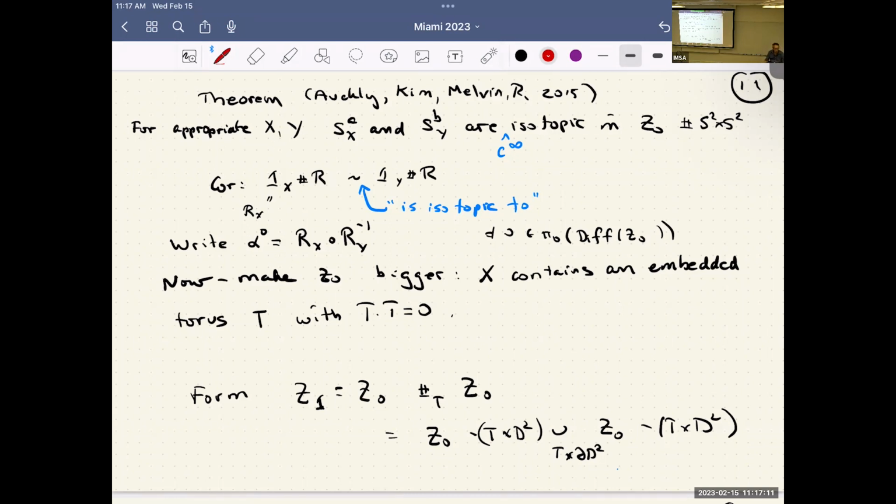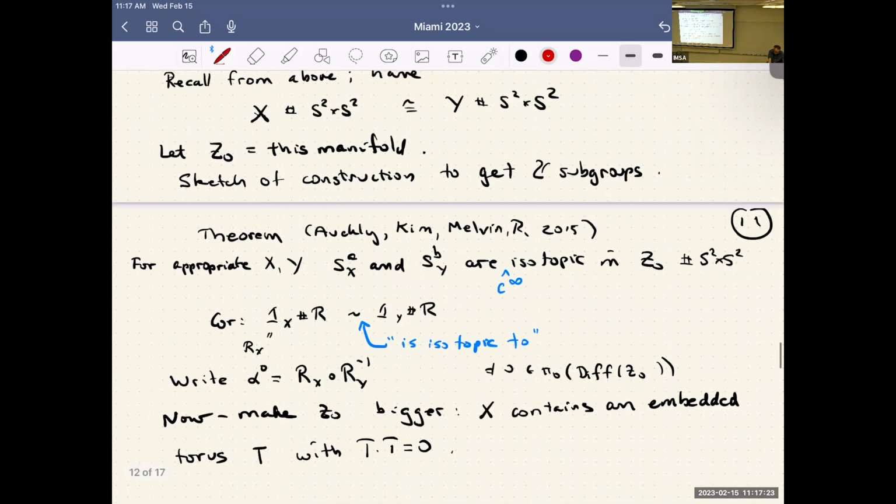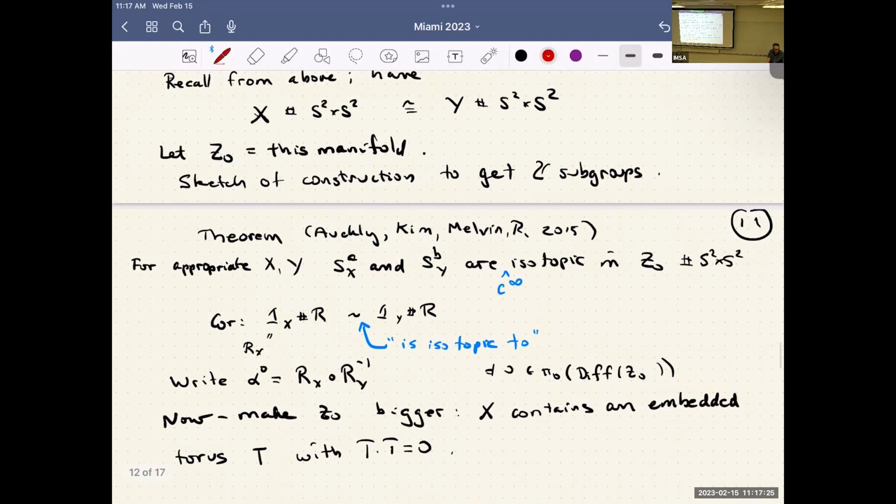That's roughly speaking what we wanted to do. The first step of that was from a little while ago. Dave and I and Hee-Jung Kim and Paul Melvin showed that if you take that Z0 and stabilize it once, then the two spheres at the base of the construction, the SX and the SY, become smoothly isotopic.